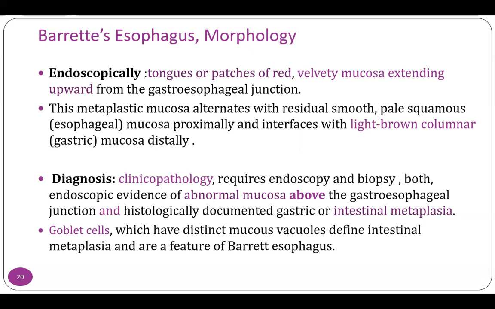The diagnosis of Barrett's esophagus is a clinical pathology diagnosis. By the way, this is a very common, running mistake in clinical practice, that the pathologist is given a biopsy from the lower part of the esophagus and the final diagnosis is columnar mucosa with goblet cells, so Barrett's esophagus.